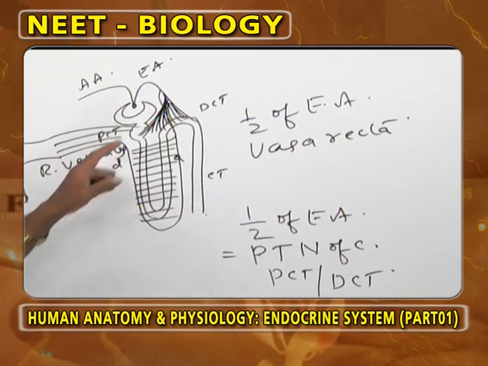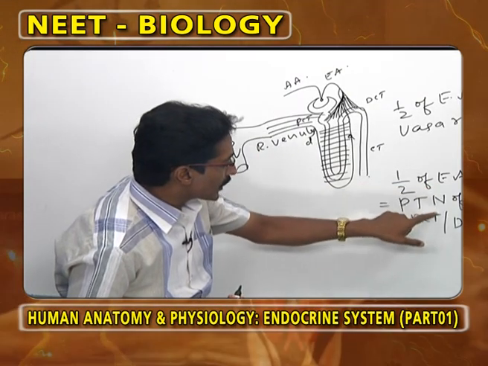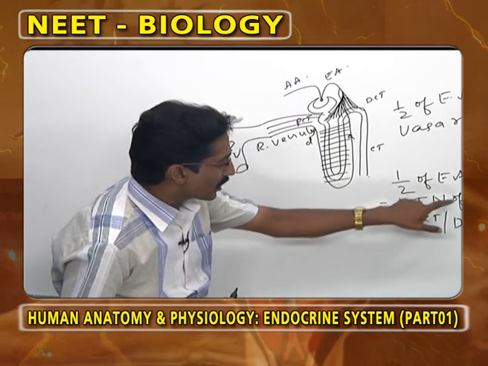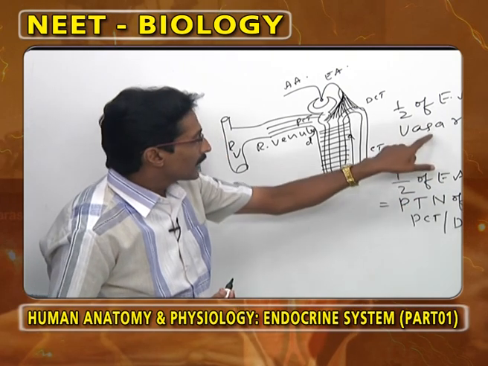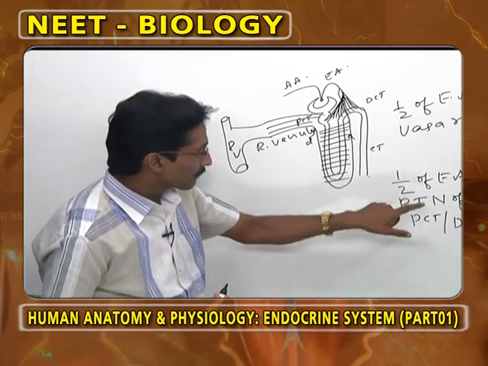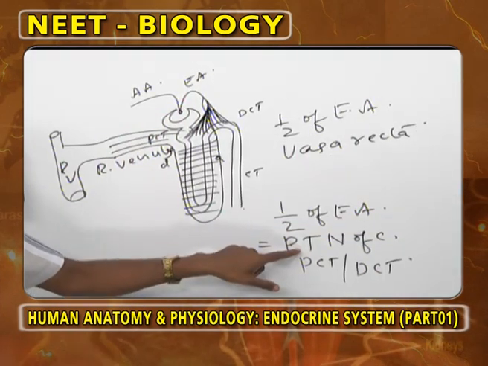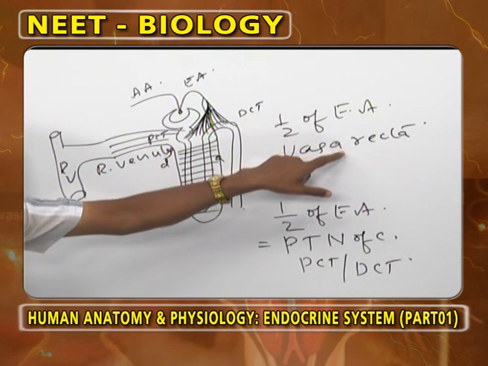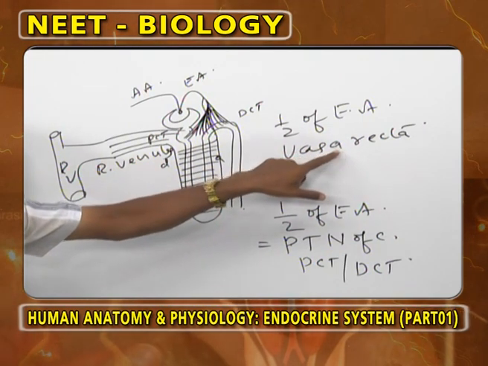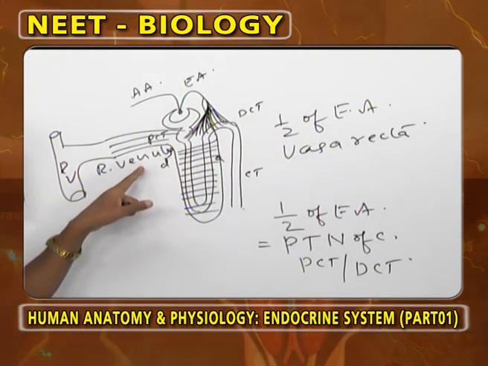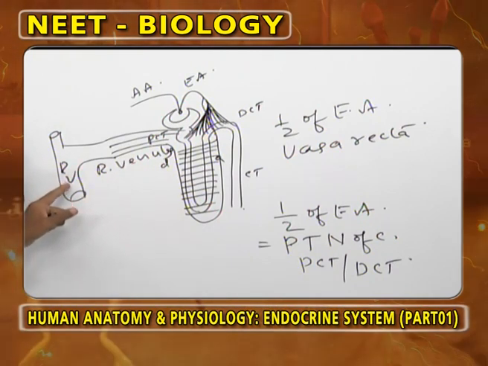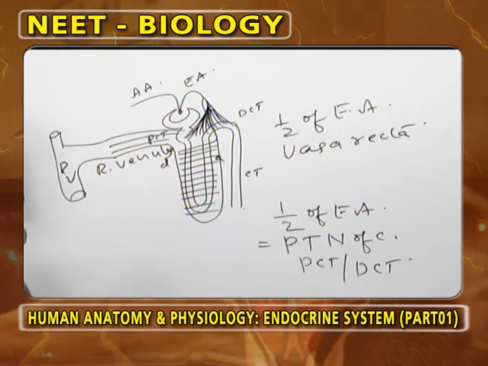The efferent arteriole gives the peritubular network of capillaries as well as vasa recta. These capillaries unite to form renal venules, and they unite and come out as the renal vein.